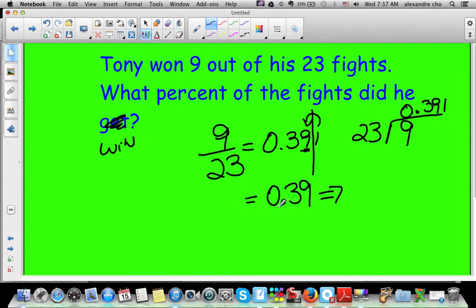So to change a decimal to a percent, it's backwards. You're going to the right, so you're moving this decimal 2 spaces to the right, and it becomes 39 with a dot at the end, okay, with a decimal at the end, and we add the percent sign, or just to make it even prettier, without the decimal, or 39%.